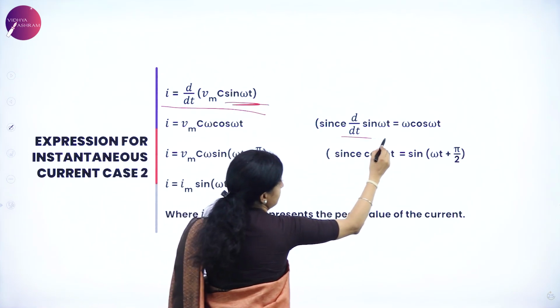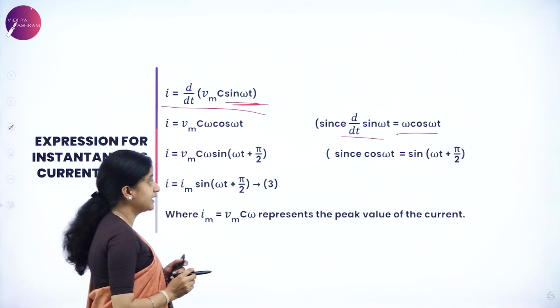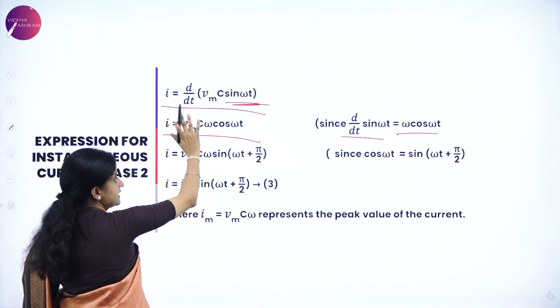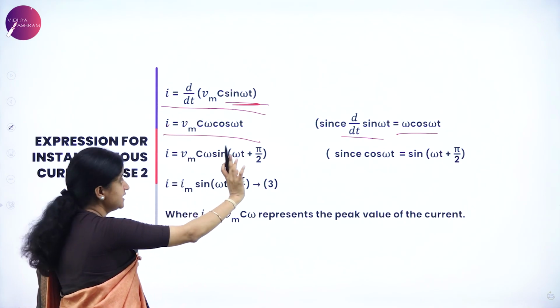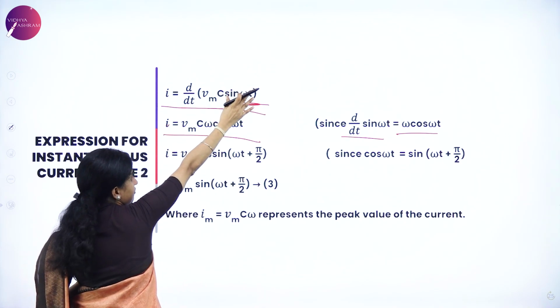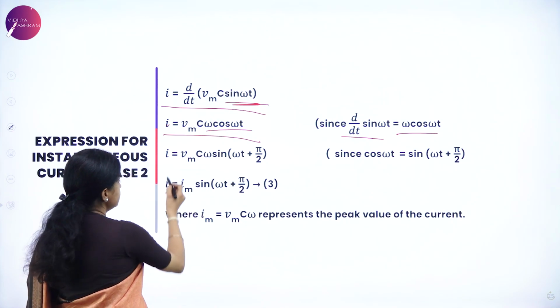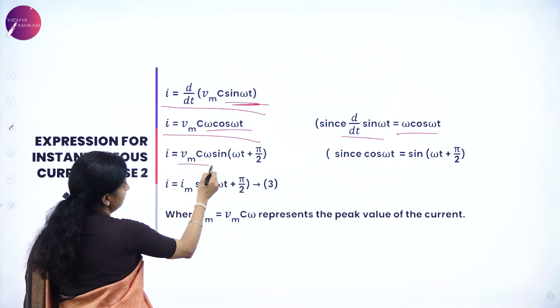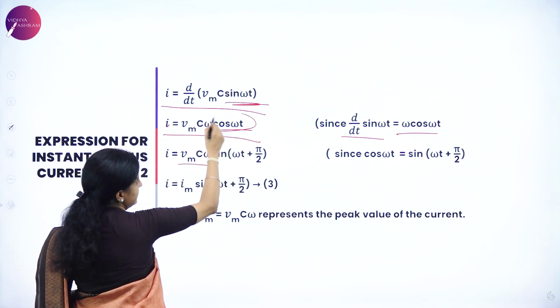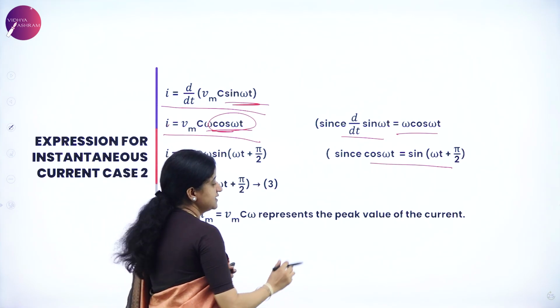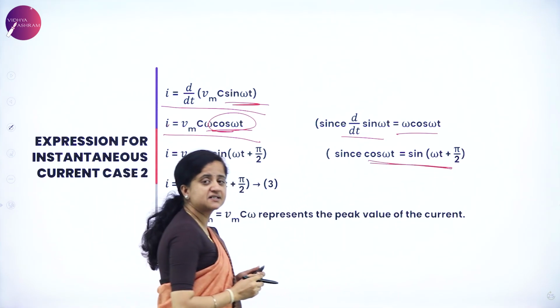So, d by dt of sin omega t gives us omega cos omega t, and hence we get the expression I is equal to Vm into C. They are the same, the constants, they are not changing. Differentiating d by dt of sin omega t, we get omega cos omega t. So this is nothing but I is equal to Vm C omega cos omega t. Cos theta can be represented in terms of sine by the formula cos theta is equal to sine of theta plus 90 degree.